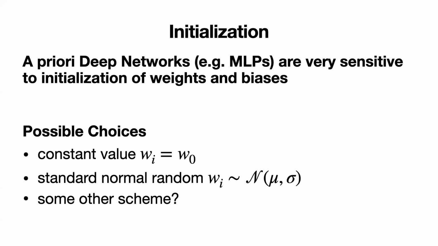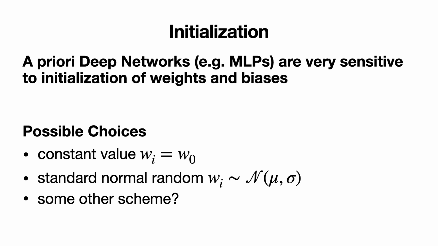You might initialize to some constant value for the weights. You might initialize to some standard normal random initialization. So this was one of the tricks in the exercise, to just randomly initialize, so you'll not be in the supersymmetric configuration, and it will just learn, right?